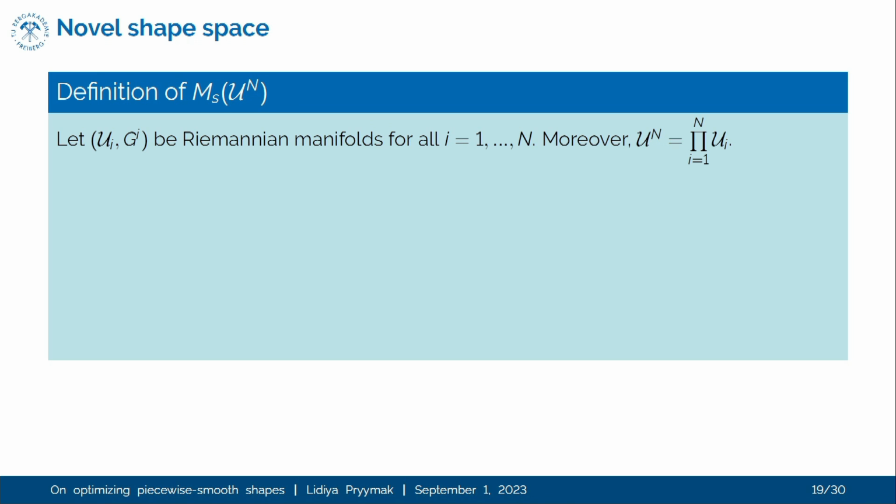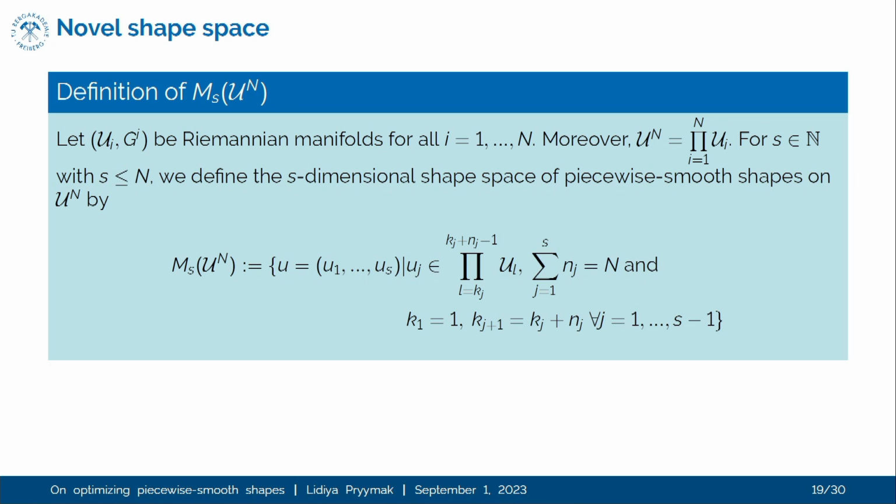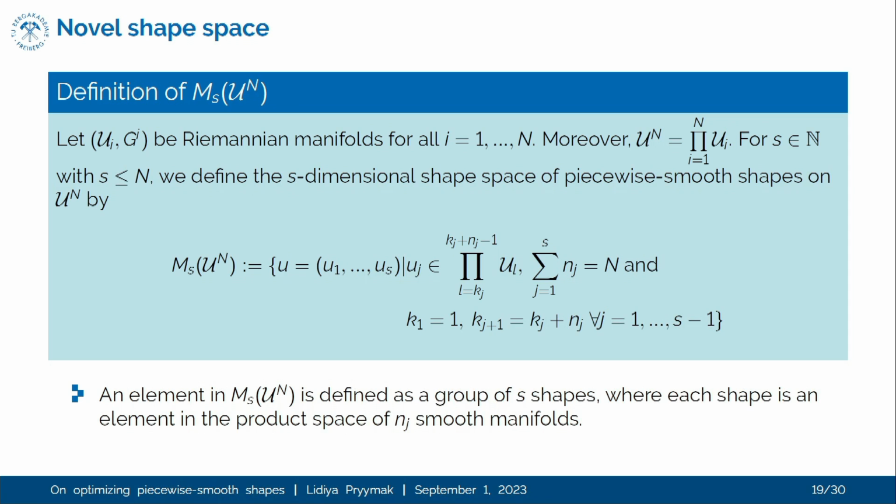Now the formal definition. Again, the U_i are Riemannian manifolds, with product shape space U^N. We call it the S-dimensional shape space of piecewise smooth shapes on U^N. Basically, this definition means that an element in M_S of U^N is a group of S shapes, and each of these S shapes, U_j, is an element in the product space of N_j smooth manifolds.